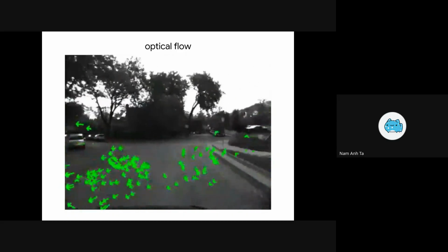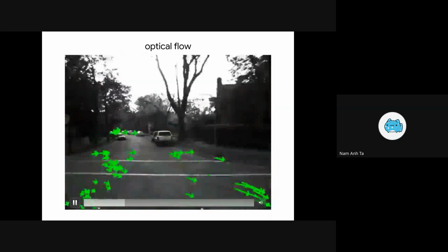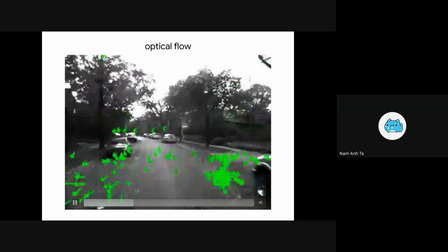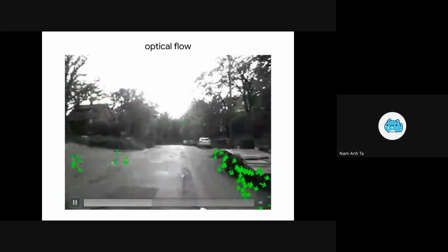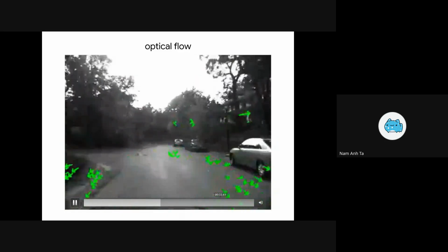Okay, so in this video, you can see the effect of optical flow tracking while a vehicle is moving. The green arrows represent the movement direction of the feature points on the ground as the camera advances.